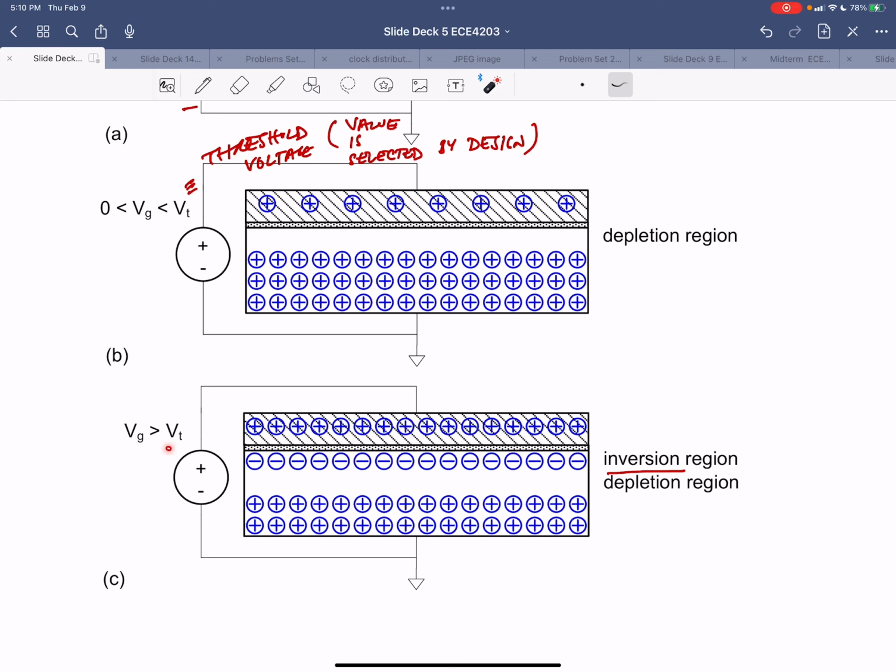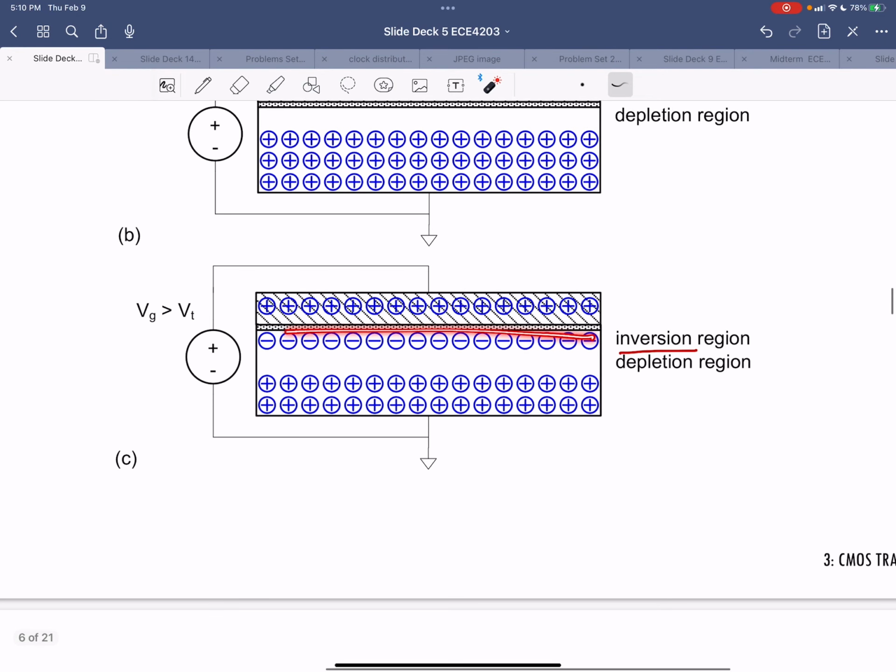In fact, this threshold voltage is defined by the voltage at which you get an inversion of this area underneath the gate. Okay, so that's what a MOS capacitor looks like. Incidentally, the region lacking in positive charges is called the depletion region. First you're depleting this region of positive charges, and then you're inverting it, so you're going from positive to negative charges.